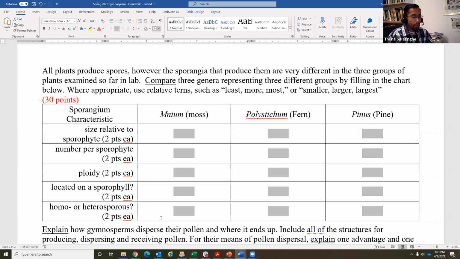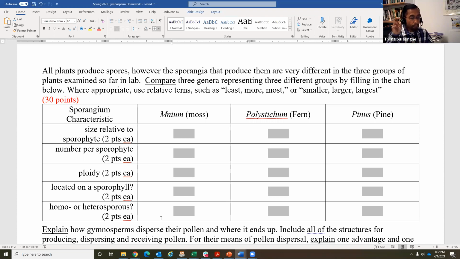Now, ploidy. Remember, the sporangium is located on the sporophyte, so it can only be what, regardless of the group? Is it haploid or diploid? Diploid, correct. Always diploid, no matter what example we are talking about. Located where? On the sporophyll.